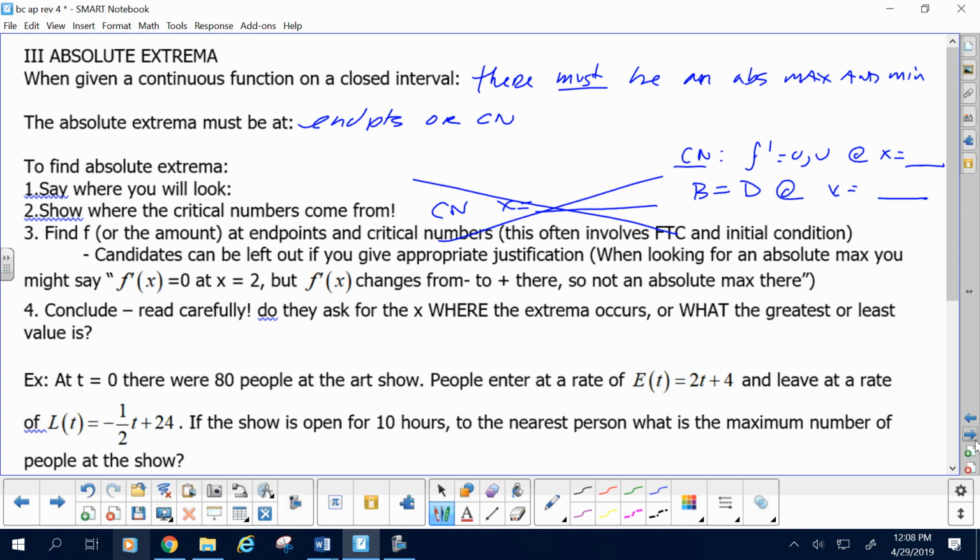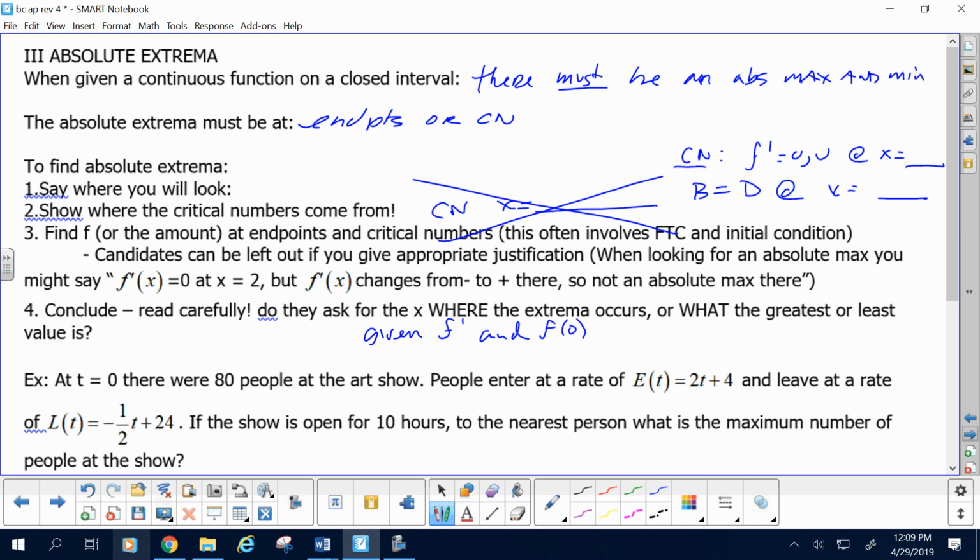After that, it's pretty common that you then find the amount at each time using the fundamental theorem of calculus. When you are given f prime or some kind of rate and an initial condition, okay?